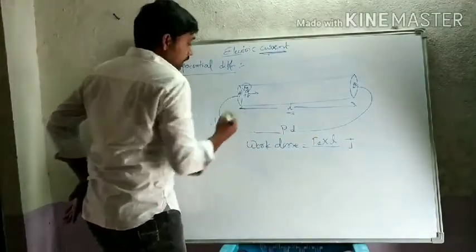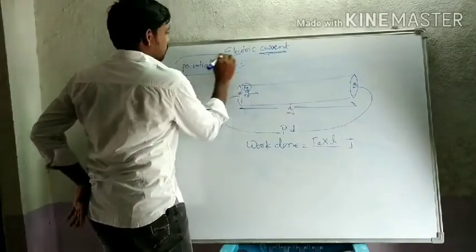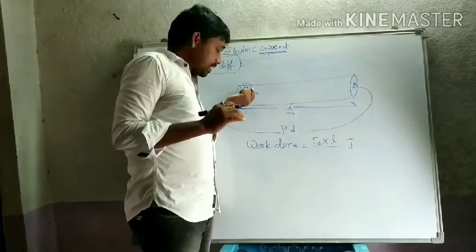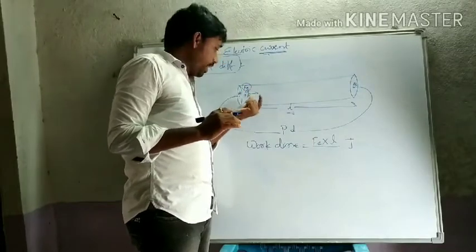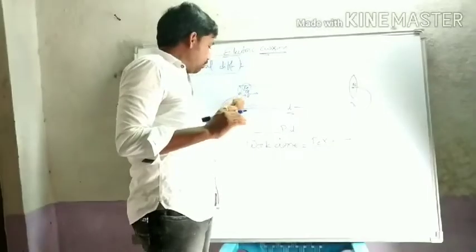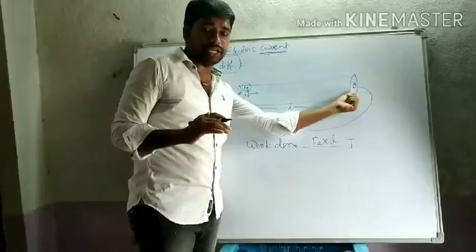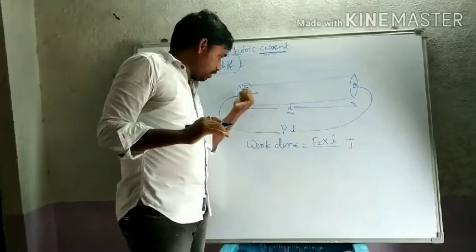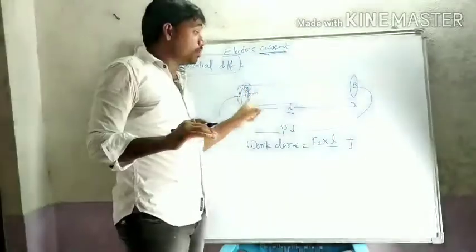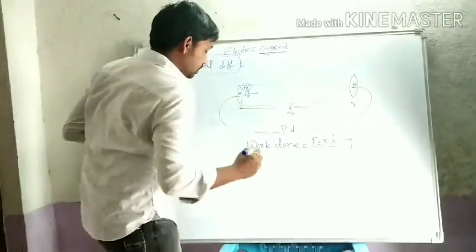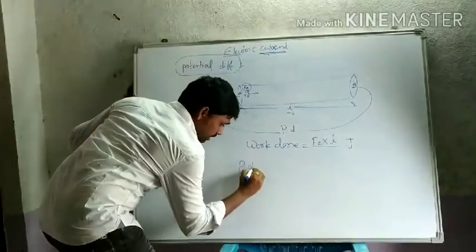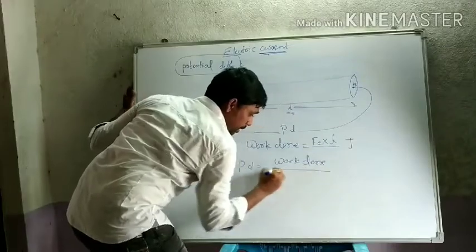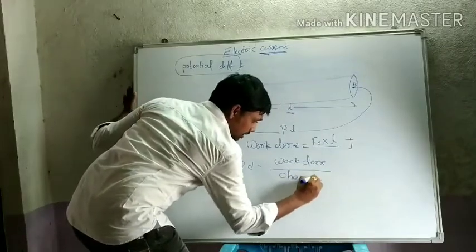Then potential difference means the work done by an electric force to move a unit positive charge from point A to point B. Potential difference is nothing but work done per unit charge.